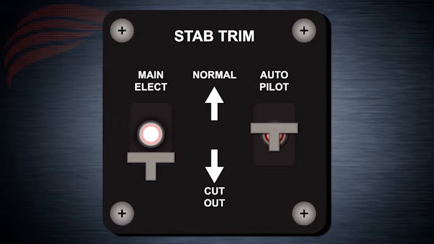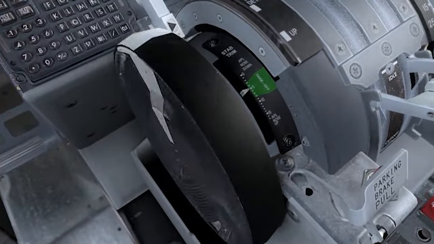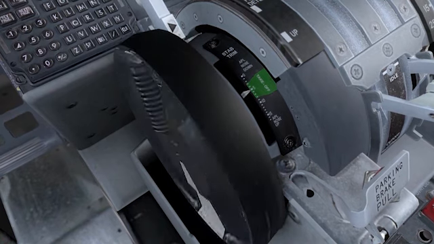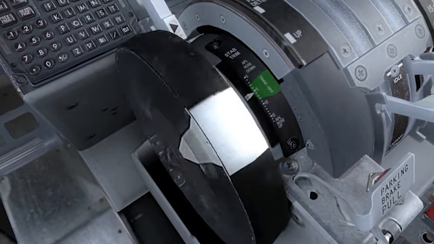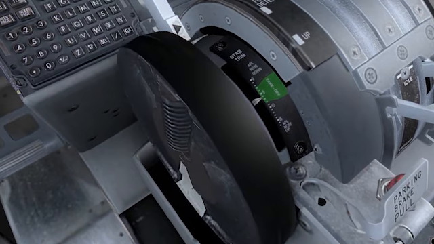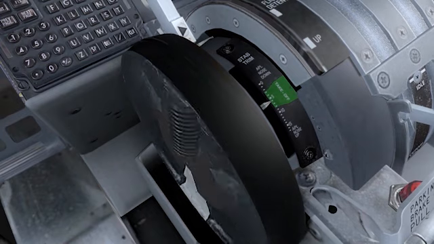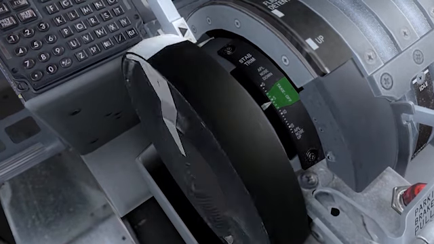The stabilizer trim cutout switches are used to stop the stabilizer trim actuator if there's any uncommanded motion of the trim actuator. The flaps up switch determines trim speed relative to flap position. When the flaps are up, low-speed trim is engaged at 0.2 units per second. When flaps are not up, high-speed trim is engaged at 0.4 units per second.